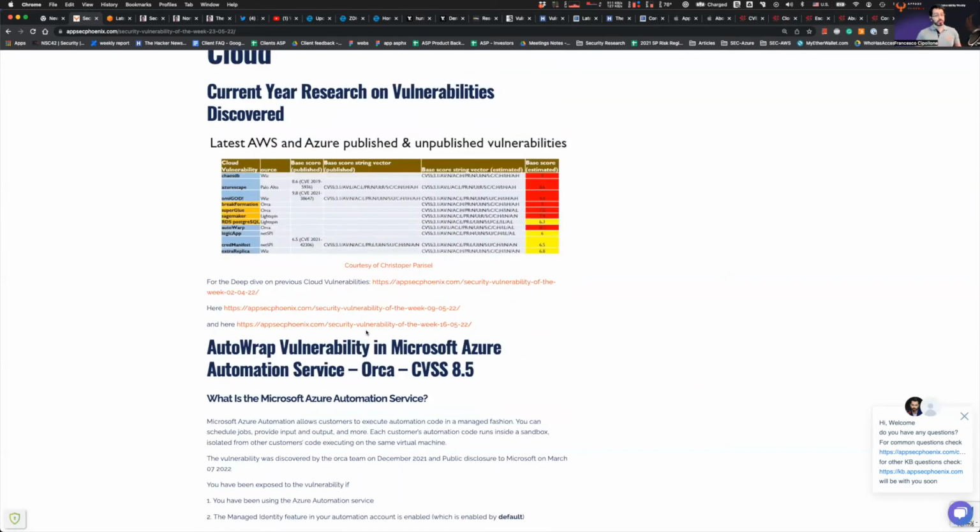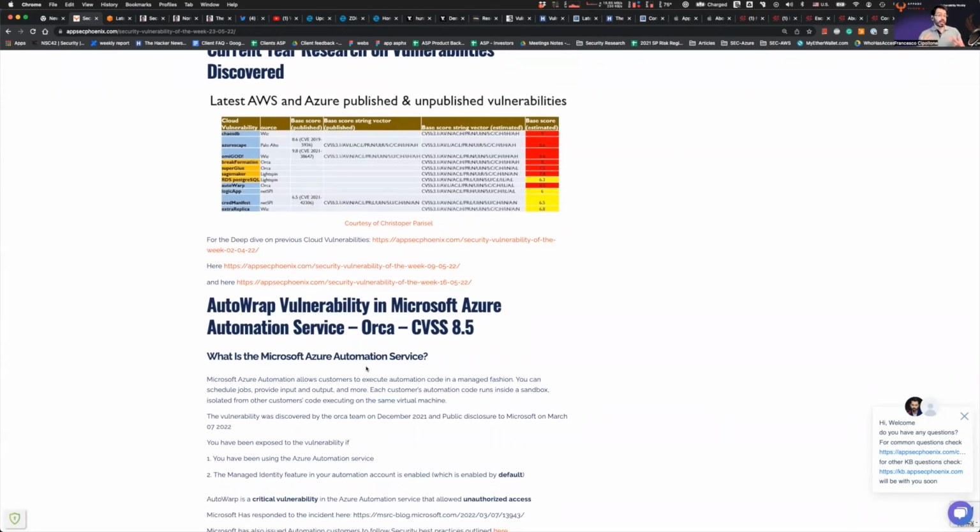From cloud vulnerabilities, we covered another couple of interesting pieces of information this week. Microsoft Azure has again been particularly hammered by the team at Orca and in general by Wiz and Orca.